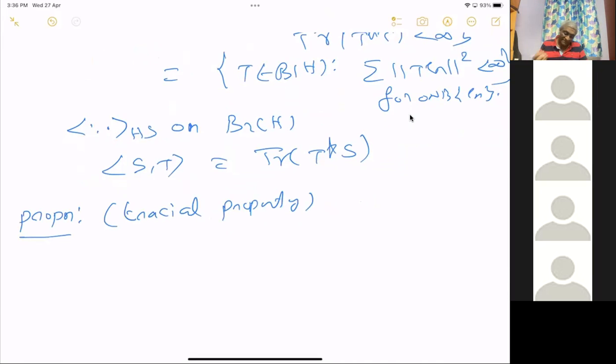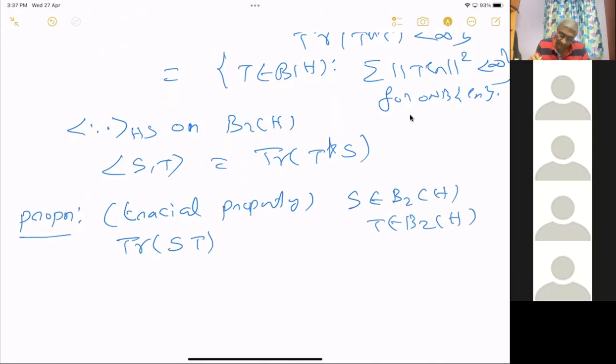If you take the product of two Hilbert-Schmidt operators, then the product is a trace class operator. That's what we have verified earlier. So S is in B2(H), T is in B2(H). Trace class is contained in Hilbert-Schmidt, and a Hilbert-Schmidt operator need not be trace class.